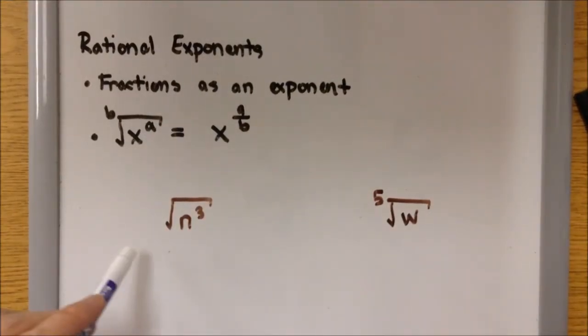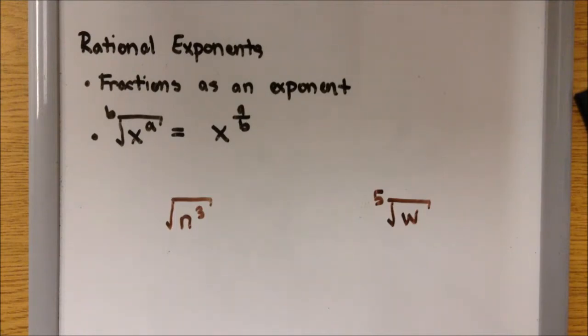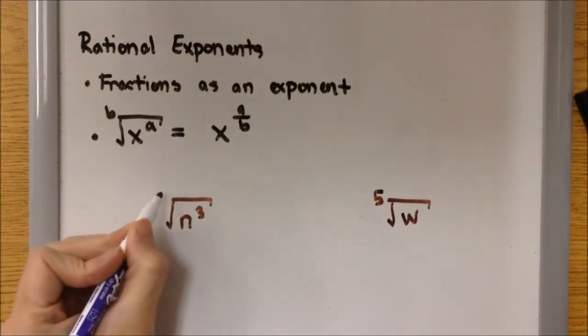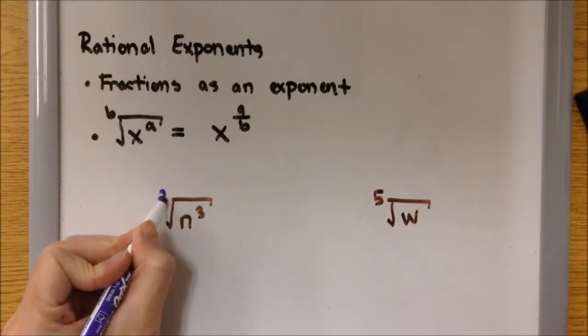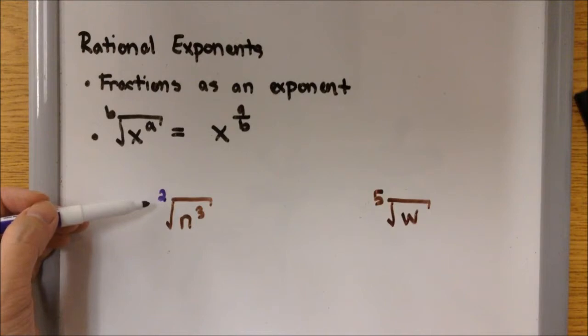Example 3, we have the square root of n to the 3rd. Now, the reason we can call it a square root is because we don't have a number out here, but in fact, we actually have an invisible number, an invisible 2. So when you see a radical with no number, it just means it's an invisible 2.